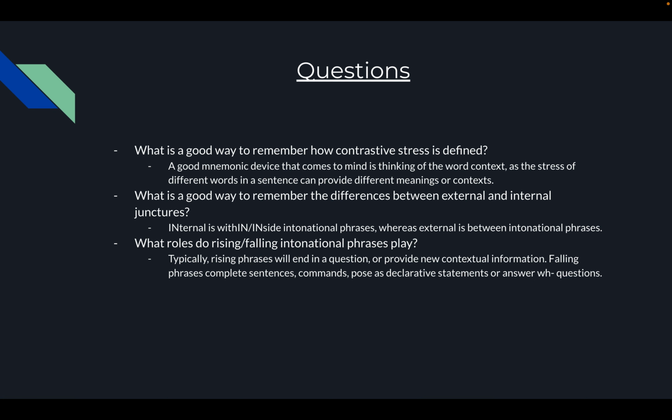So internal is within or inside intonational phrases, whereas external is between intonational phrases. Now, what roles do rising or falling intonational phrases play? So typically, rising phrases will end in a question or provide new contextual information. Falling phrases complete sentences, commands, pose declarative statements, or answer WH questions.